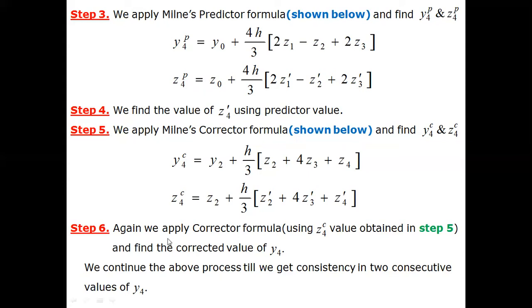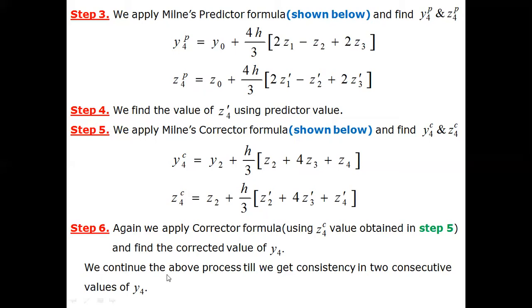Once you calculate the corrected value twice, you can observe whether the values are consistent, that means whether the root is repeated. If the root is repeated, you can stop the process. Otherwise, you have to repeat the corrector procedure again.